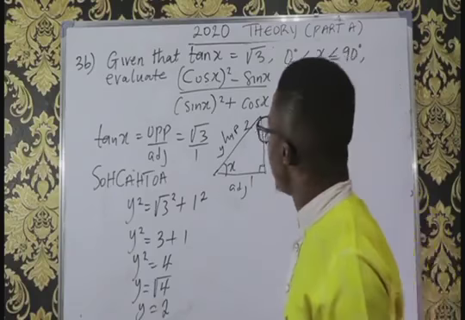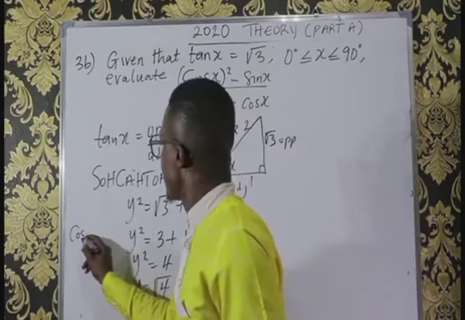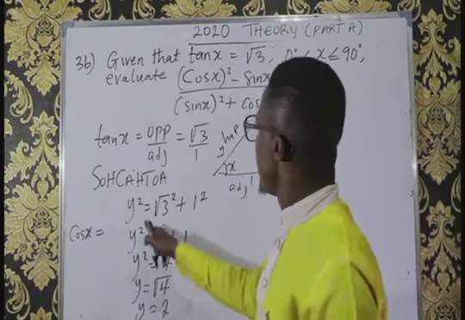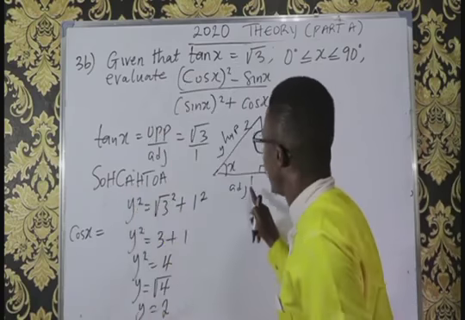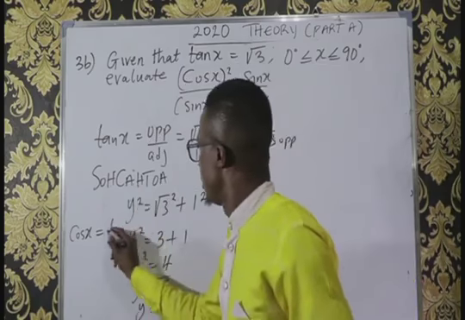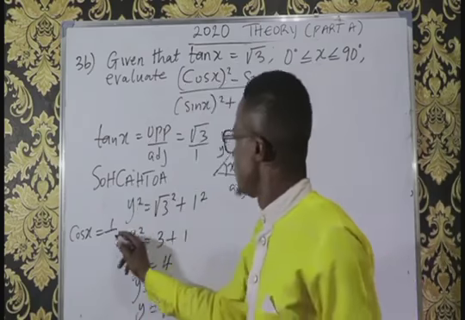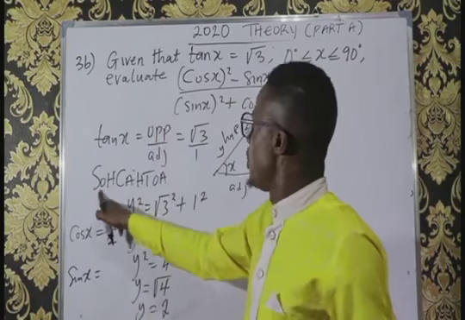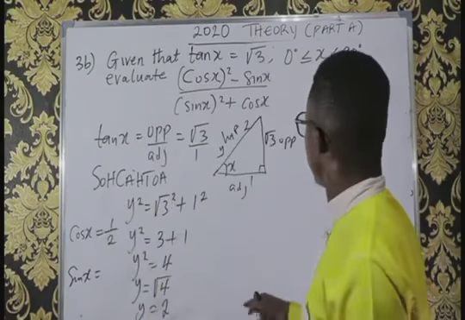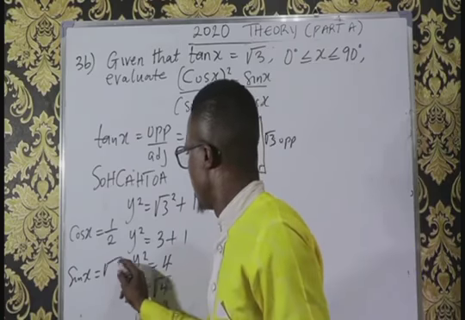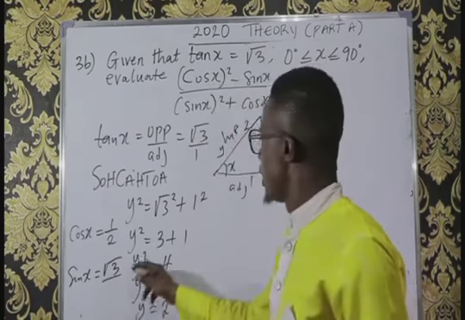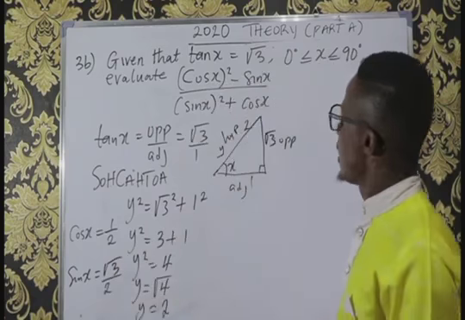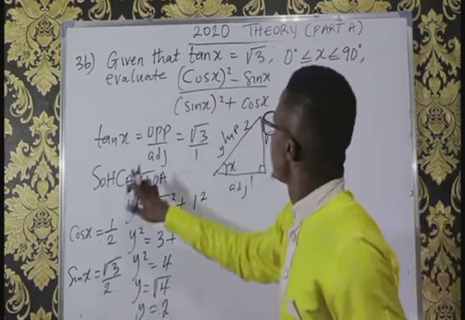Hence, to get my cos x, you can see that it is adjacent over hypotenuse. Adjacent is 1 over hypotenuse, which is 2. For sine x, it is opposite over hypotenuse. Opposite is √3, hypotenuse is 2. So anywhere I see cos x, I put 1 over 2.